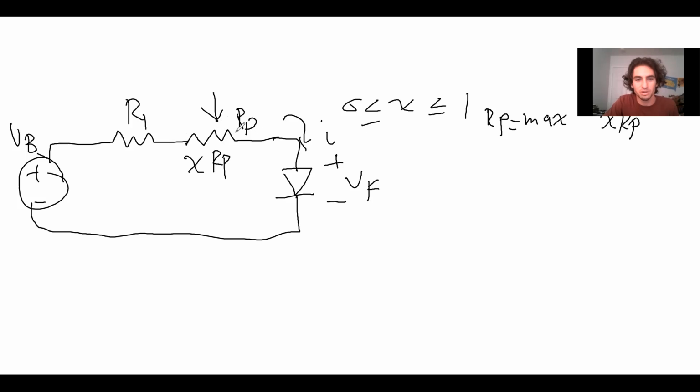Here I only show 2 terminals, so just assume we're not using the third terminal. Assume this is the edge terminal and this is the middle terminal. Sorry if that was confusing. We're just assuming the third terminal doesn't exist because we're not using it. Does that answer your question?